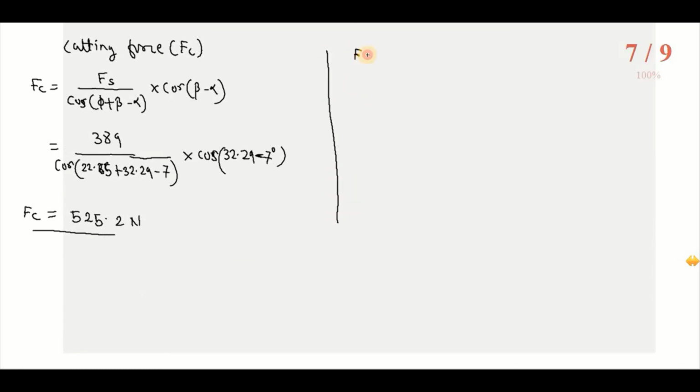The friction force value will be 310 Newton, but let us find it out. The friction force, which is capital F, based on the Merchant theory is given by Fs upon cos of (phi plus beta minus alpha) into sine of beta.